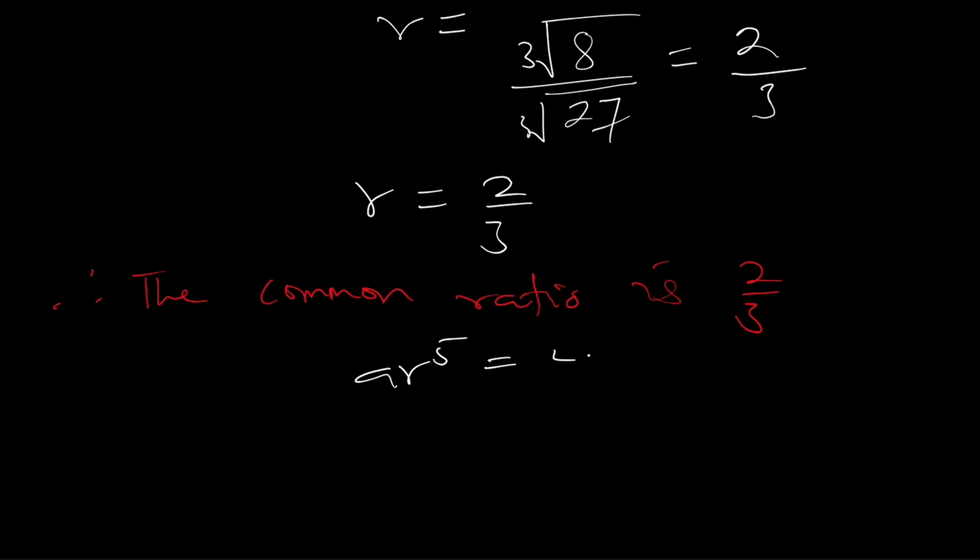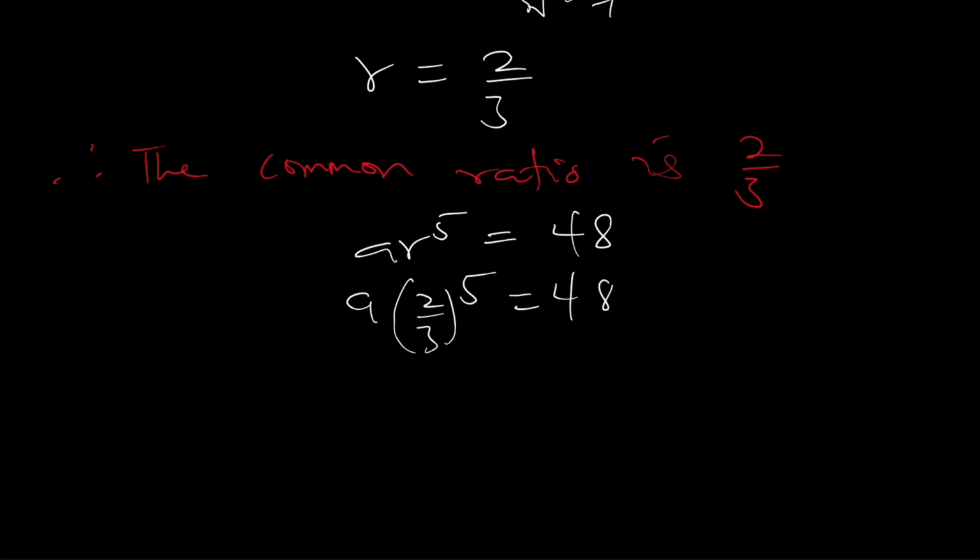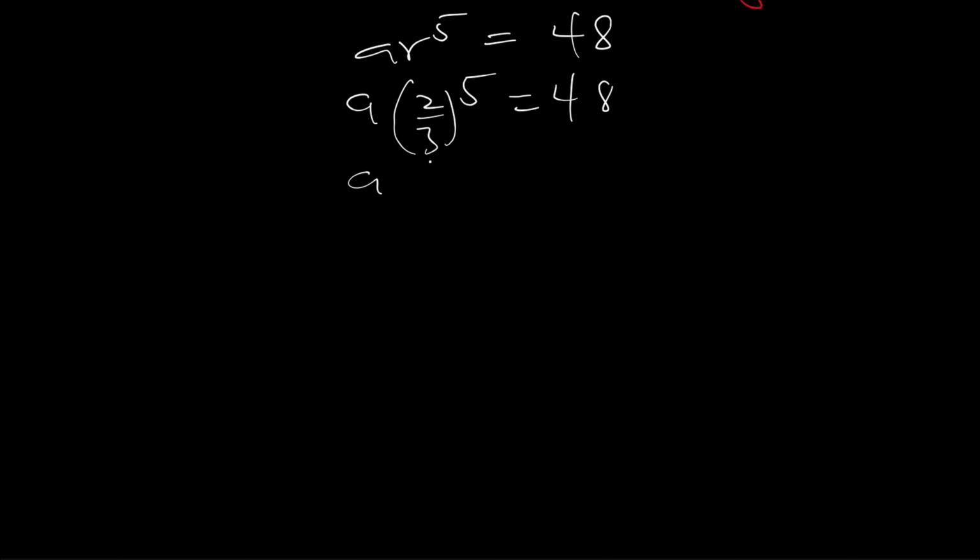Now we know that from our first equation, AR^5 is equal to 48, and our R is 2 over 3. So A multiplied by (2 over 3)^5 is equal to 48. So A times 2^5, which is 32, divided by 3^5, which is 243, is equal to 48.